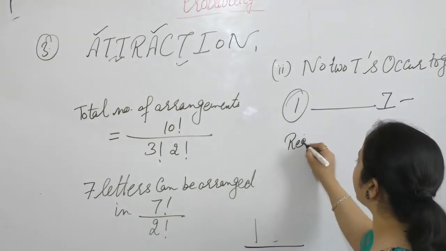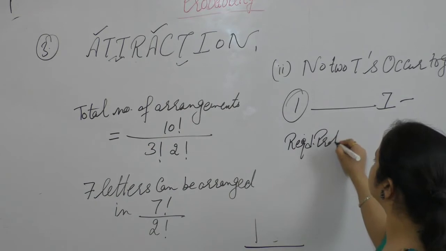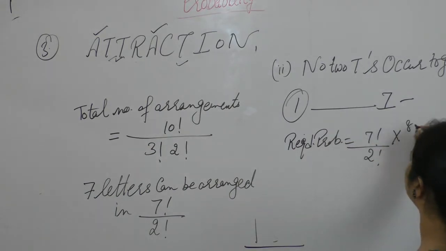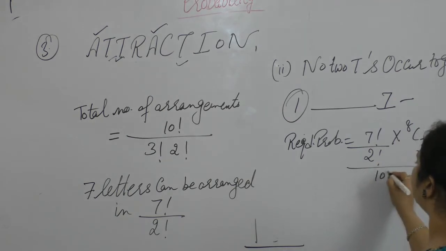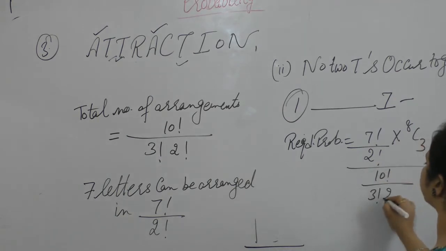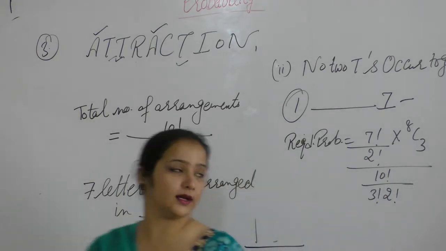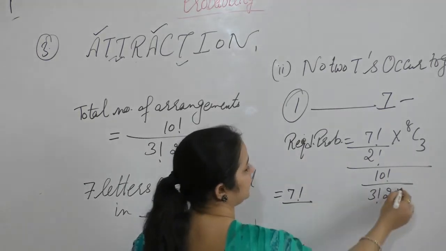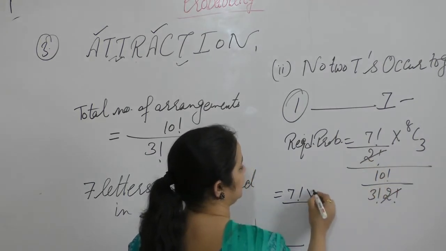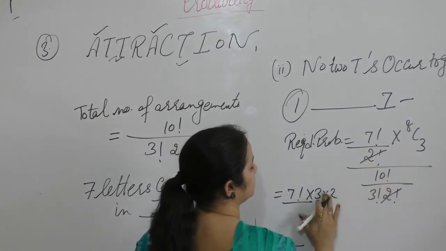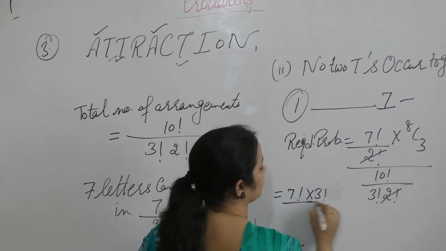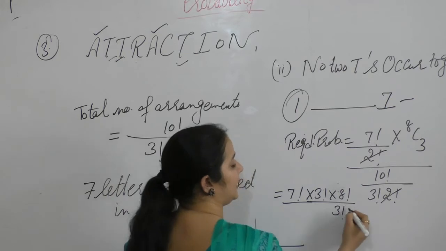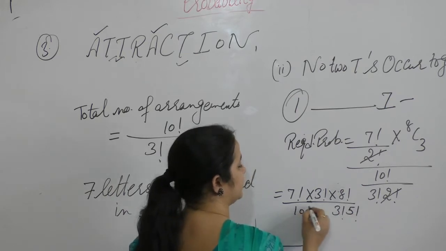So the required probability is 7 factorial upon 2 factorial into 8C3 upon 10 factorial, 3 factorial and 2 factorial. Now solve it. What we get? 7 factorial, 2 factorial will get cancelled, 3 factorial, 3 into 2, 8C3, 8 factorial upon 3 factorial, 8 minus 3 is 5 factorial.